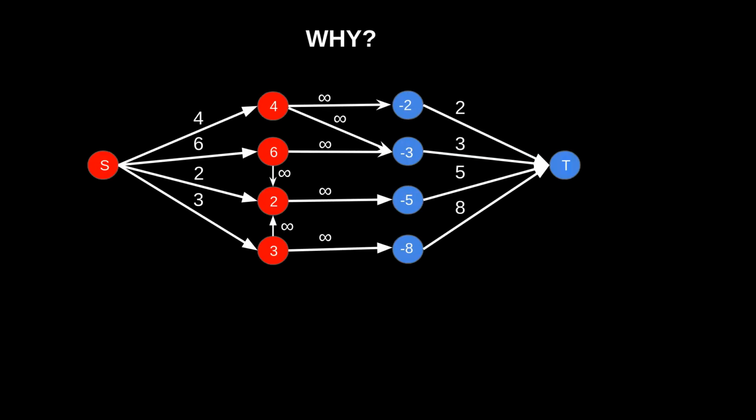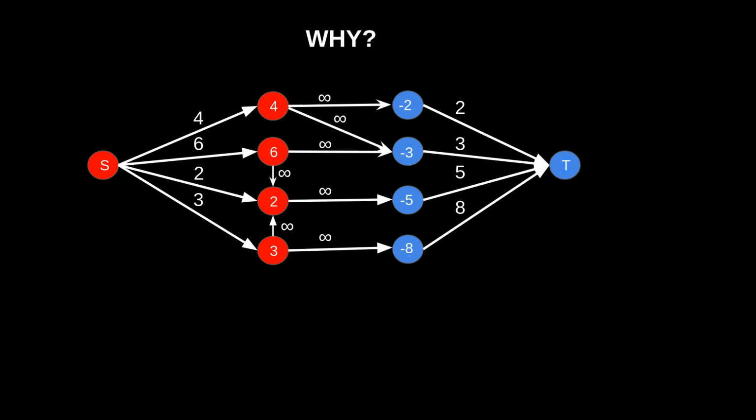If we consider the graph induced by some project set that has projects with a positive reward of 4, 6, 2, and 3, and projects with a negative reward of -2, -3, -5, and -8, and a small list of dependencies, notice that for two of the dependencies, they are between projects that both have positive rewards.